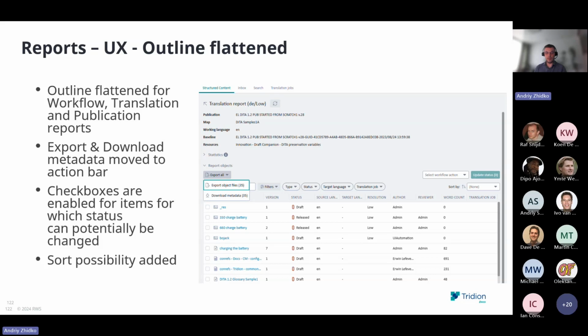If you remember, previously we were showing the objects in the context of the report as an outline, and this was confusing because the statistics part did not correspond to the numbers that you would see in the outline part, because you might reference the same item multiple times.